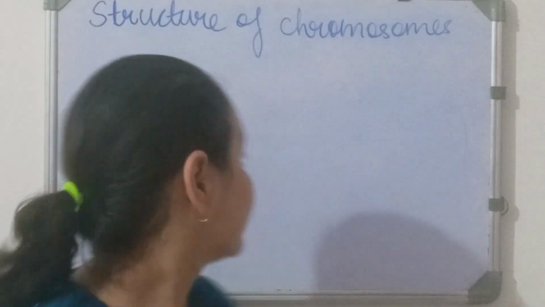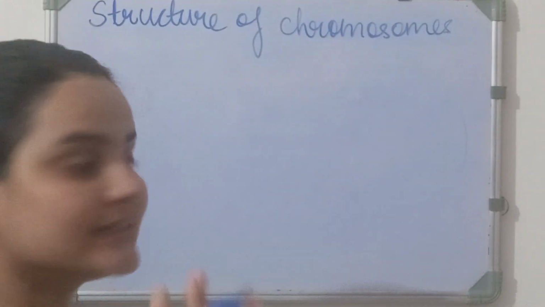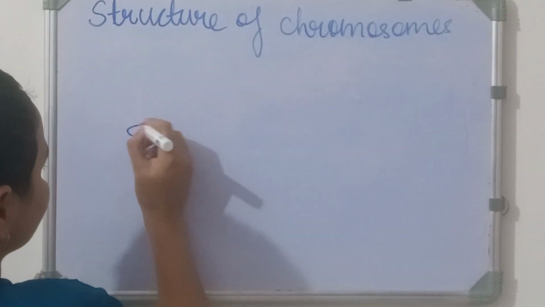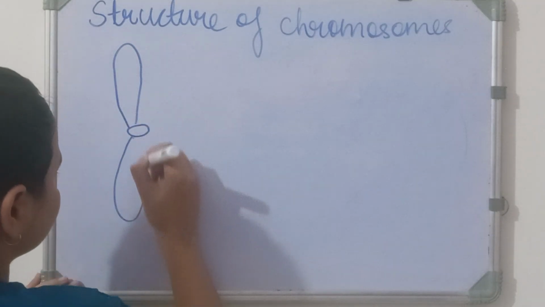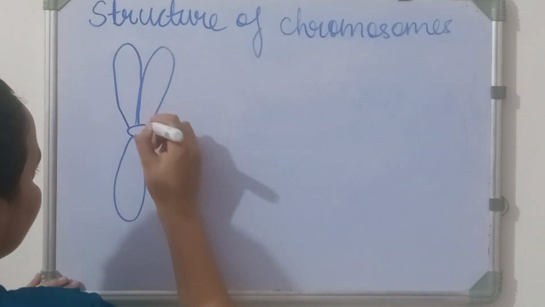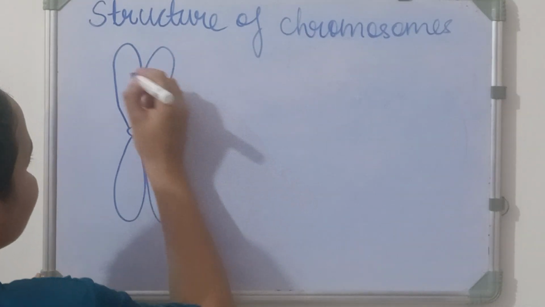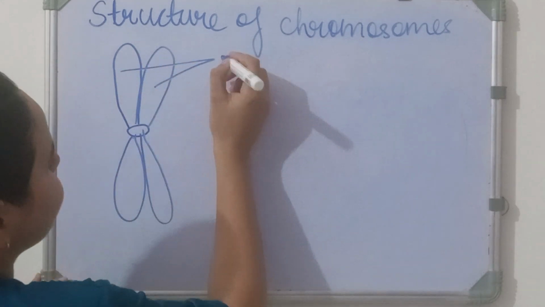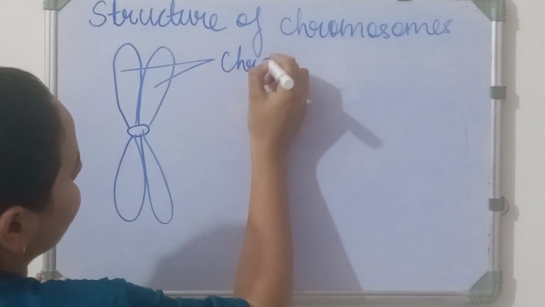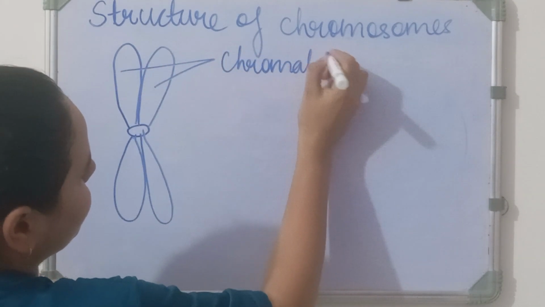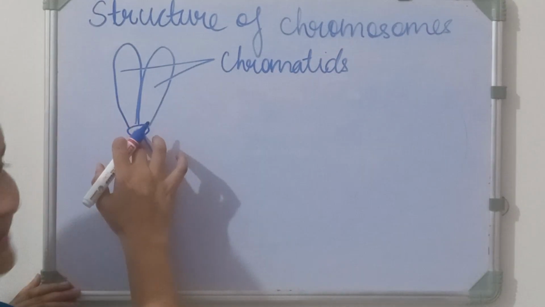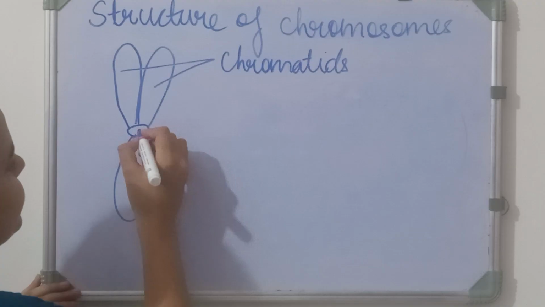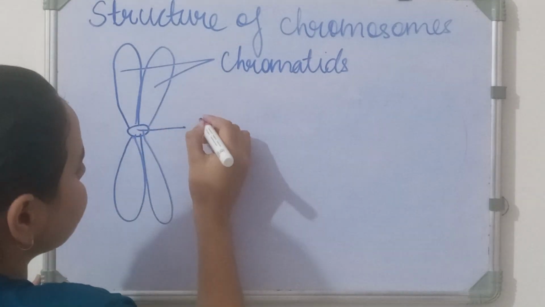Last topic, structure of chromosomes. So see how a chromosome looks. The chromatin condenses and forms a structure like this. These are the two chromatids, and the point of attachment of the chromatids is called the centromere.